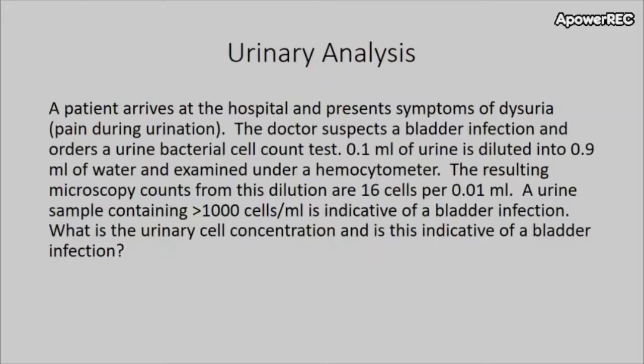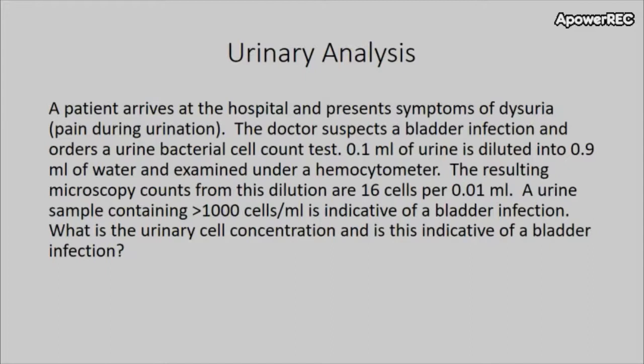Now this question might seem a little overwhelming. You know, there's a lot of 0.1 mils, 0.01 mils that are being used. How in the world are we going to get to this original concentration, and where do we start?